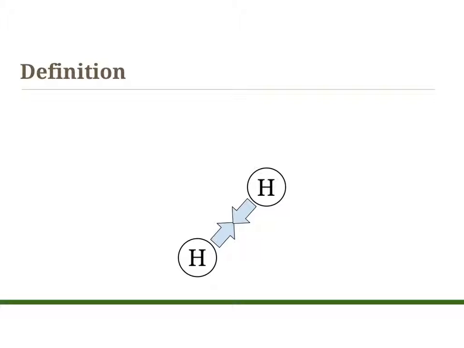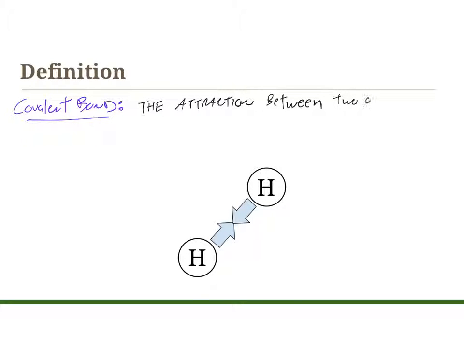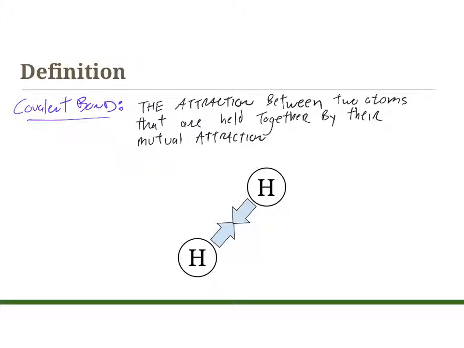So, moving forward, the definition of a covalent bond is the attraction between two atoms that are held together by their mutual attraction for their shared electrons.